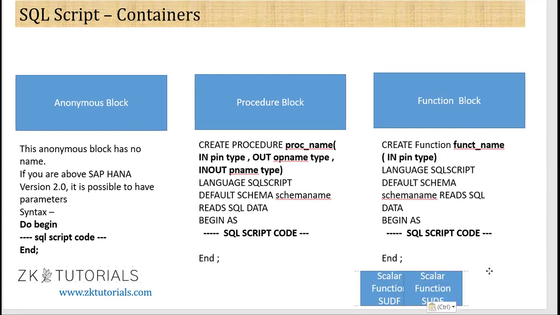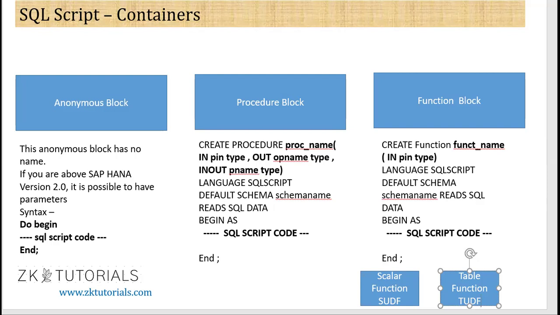Then the second one is your table function, TUDF. One is called the scalar function, which returns one single value. Simple, guys. The other is the table function, which returns a table of values.